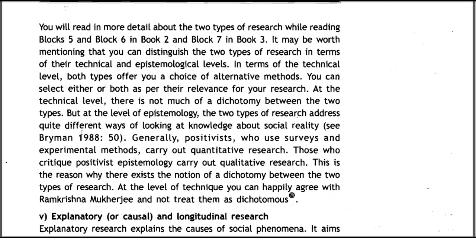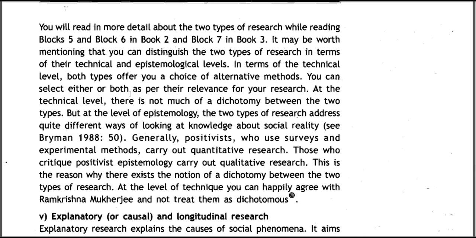You will read in more detail about the two types of research while reading Block 5 and Block 6 in Book 2 and Block 7 in Book 3. It may be worth mentioning that you can distinguish the two types of research in terms of their technical and epistemological levels. In terms of the technical level, both types offer you a choice of alternative methods.